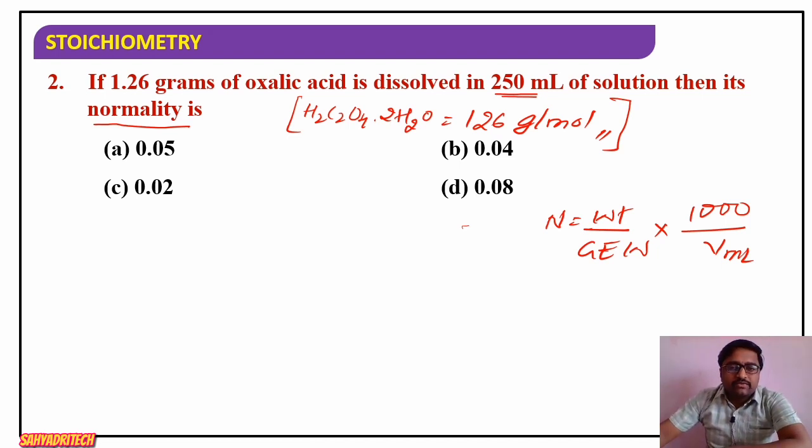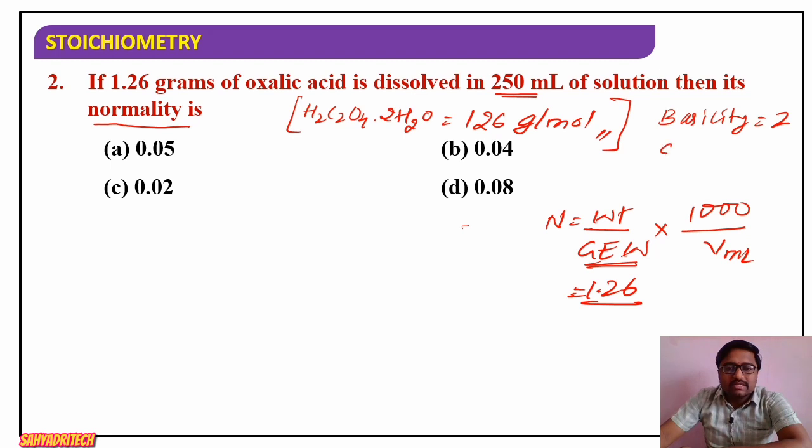So weight, how much? We know 1.26. They already gave 1.26 gram of oxalic acid, divided by what should be known? Gram equivalent weight of oxalic acid. Oxalic acid is an acid, so basicity we have to consider. The basicity of oxalic acid is 2.